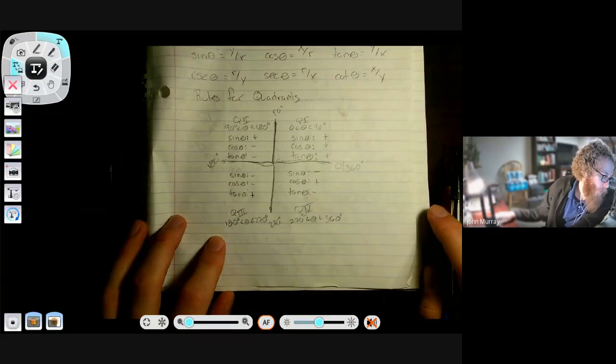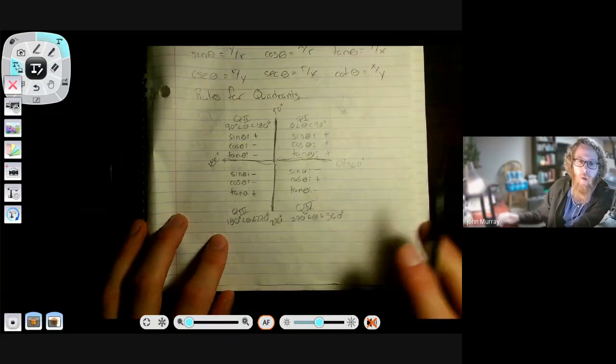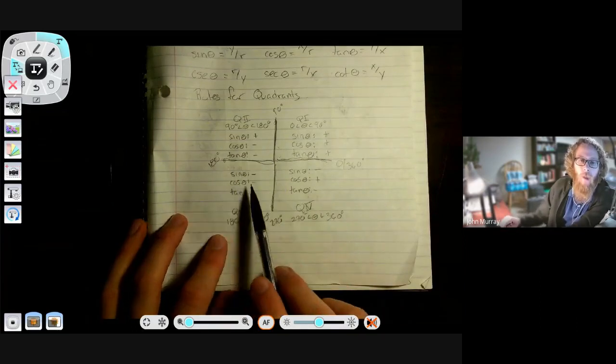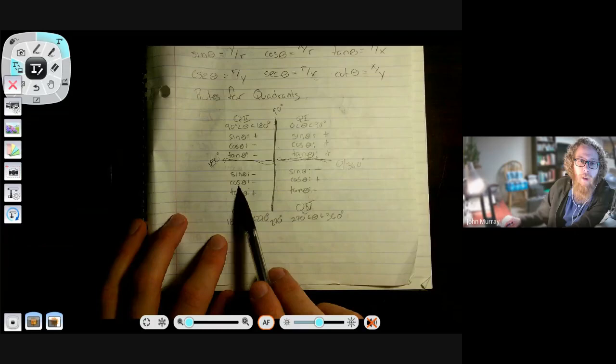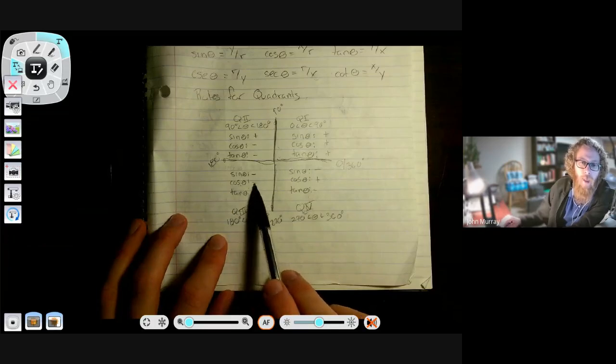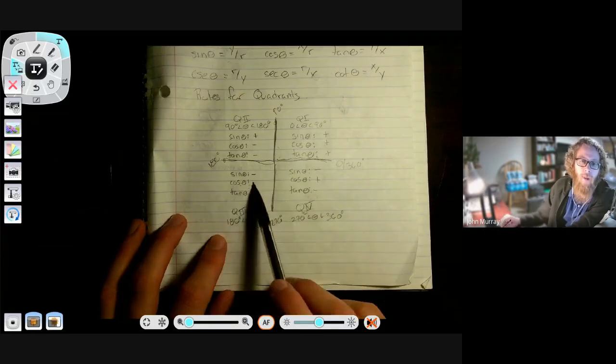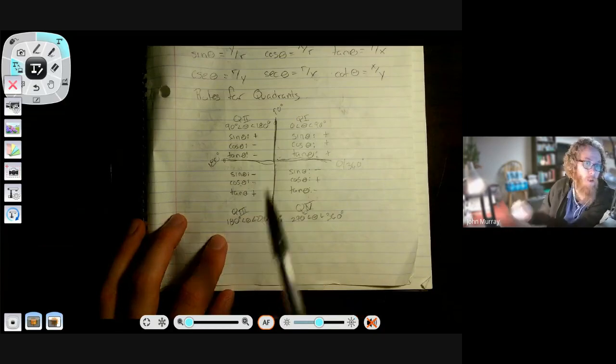So we're doing cosine of 4 pi over 3. Now, 4 pi over 3 would lie in the third quadrant. So because I'm finding the cosine, when I get my answer, I'm going to make sure that that answer is negative. Because anytime we take the cosine of an angle in the third quadrant, it's going to be negative. That's a rule.